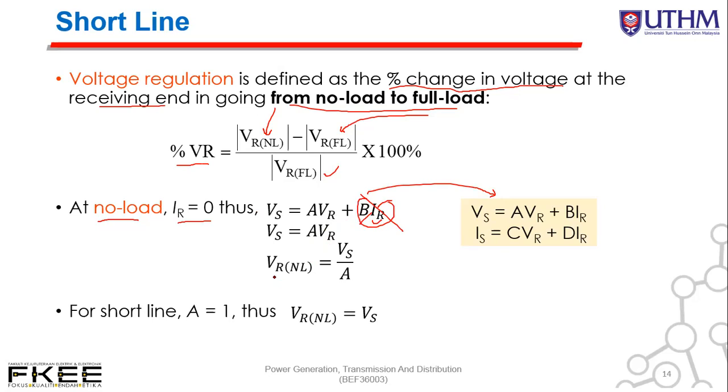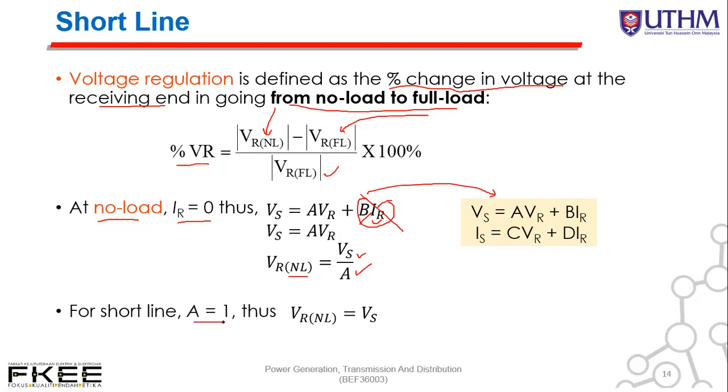So we can calculate the voltage at the receiving end under no load, equal to the sending voltage divided by A. For the short line model, A equal to 1. Previously we discussed that A equal to 1, B is Z, C is 0, D equal to 1.